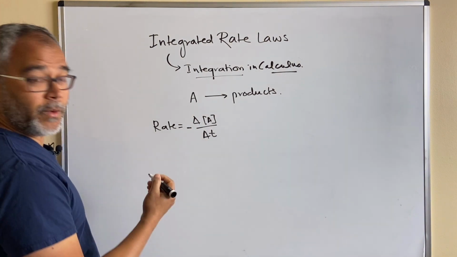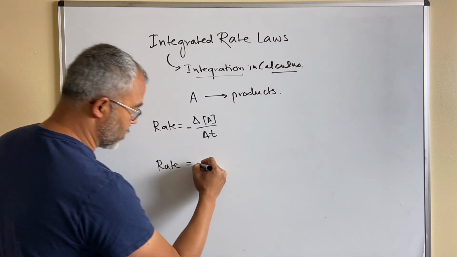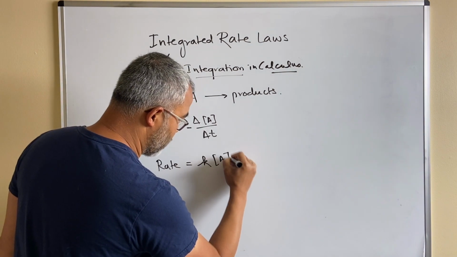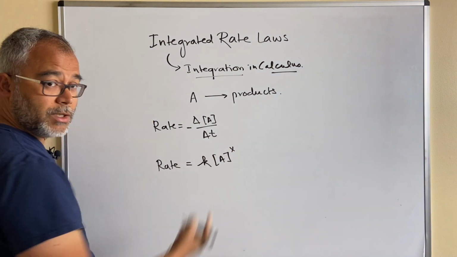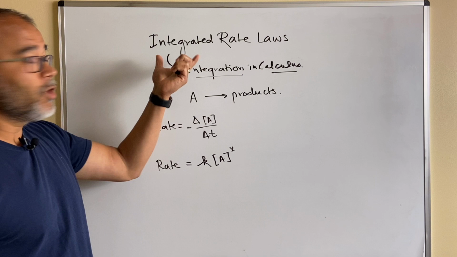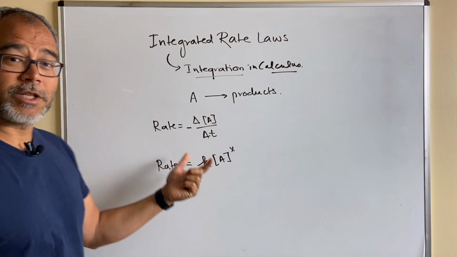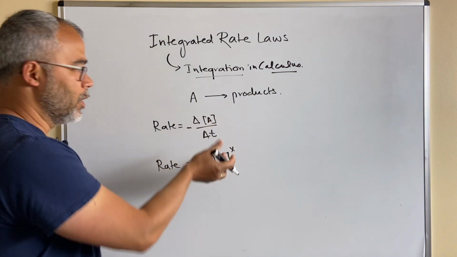Okay, another way to write the rate is in the form of a rate law. So the rate would be equal to a constant K times the concentration of A raised to the order of the reaction, which is X. Now, since these two rates are just two different ways to express the rate of the same reaction, we can make these two equal to each other.